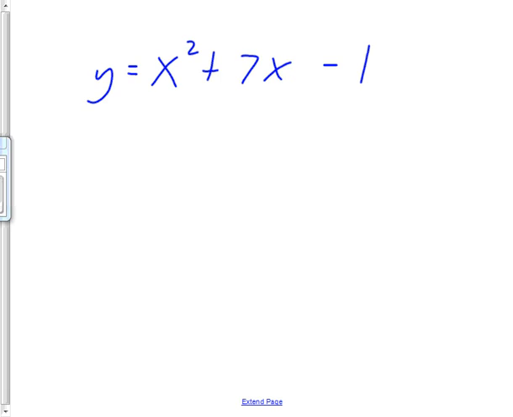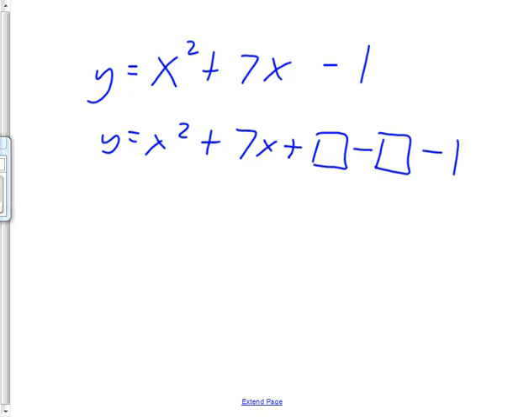You always do that. Then, half and square. 7 over 2 squared. 14 over 4.